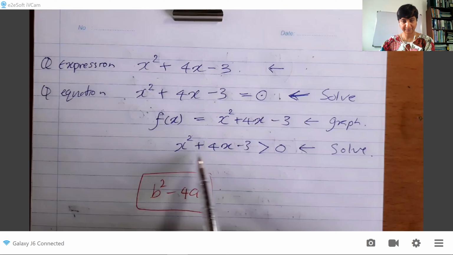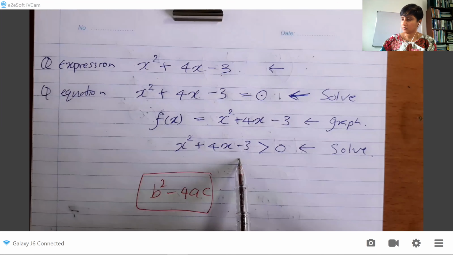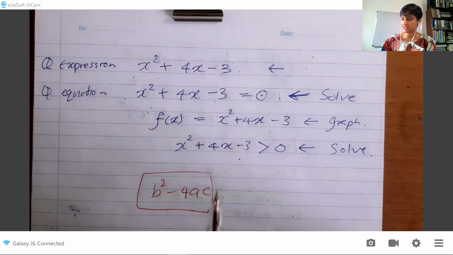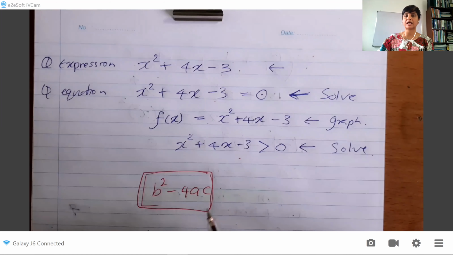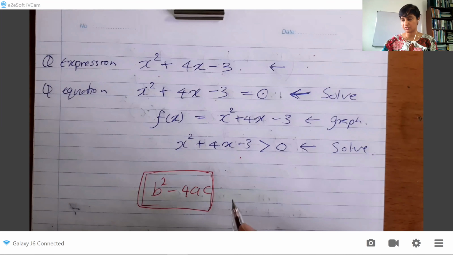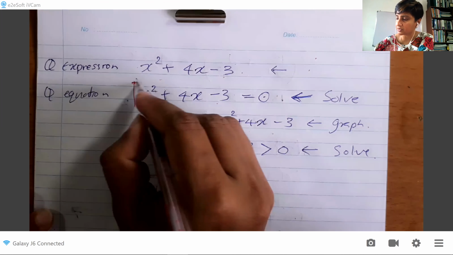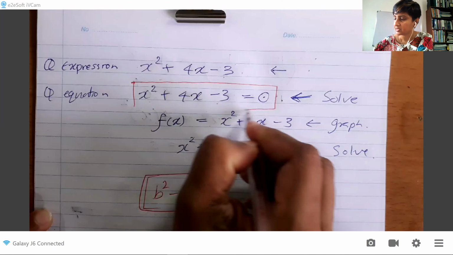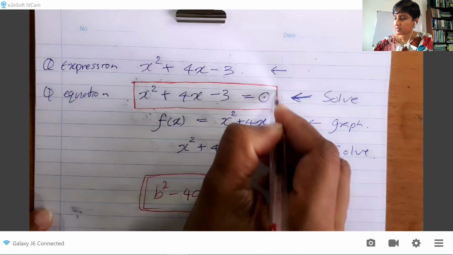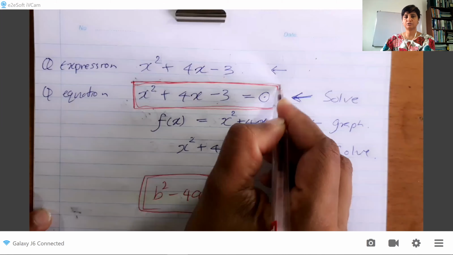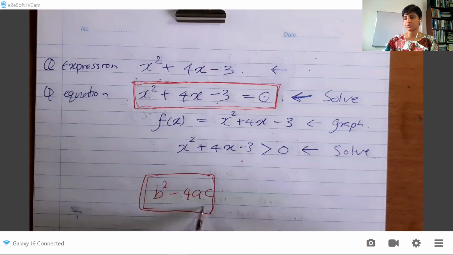What the discriminant tells you depends on its sign, or whether it is 0. In the case of the equation, by checking the discriminant, you can say whether your equation is going to have 2 solutions, 1 solution, or no solutions.